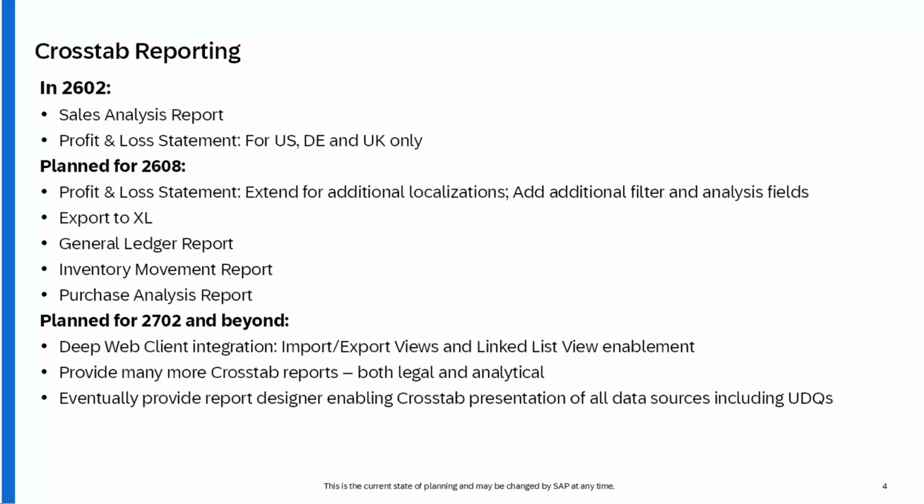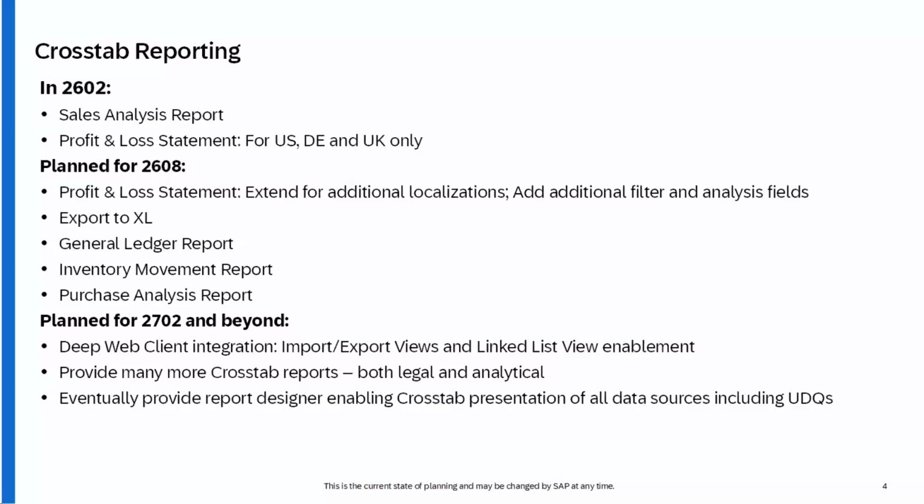And beyond 2608, for the plan for 2702 and beyond, we want to start more deeply integrating our crosstab pattern with the general web client functionality. When we've created various variants and views, we should be able to import and export them just like we can import and export in the list view.